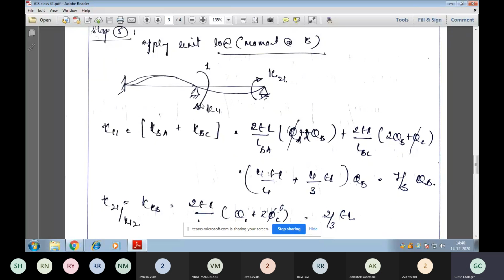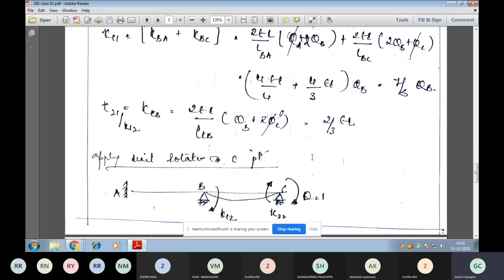We are applying rotation at B joint, so only theta B will be active. Other than this, whether theta A or theta C, they remain 0. That's why theta A is taken 0, theta C is taken as 0. Adding all this, we get the stiffness of individual members.